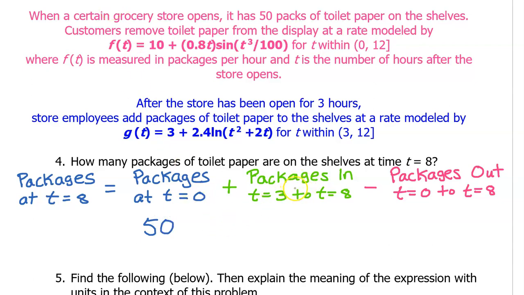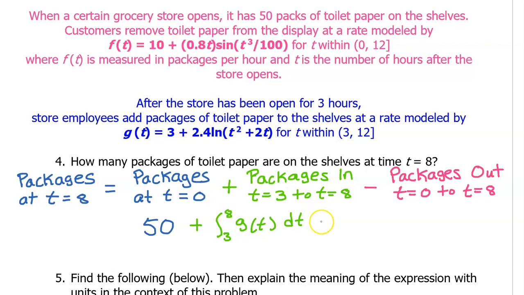The amount is always the integral of the rate. So the number of packages added will be the integral of the rate in. In other words, the integral of g of t dt from 3 to 8.